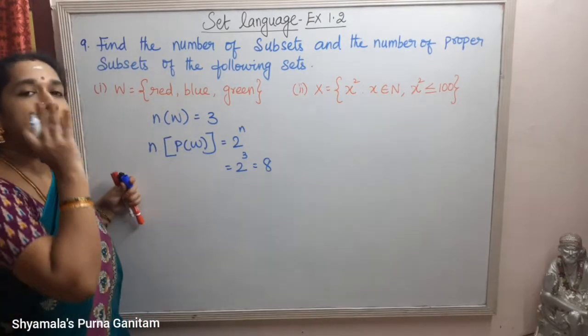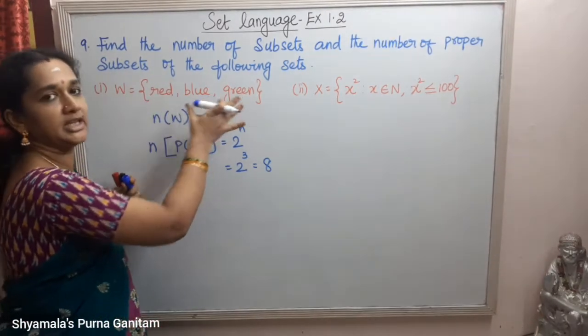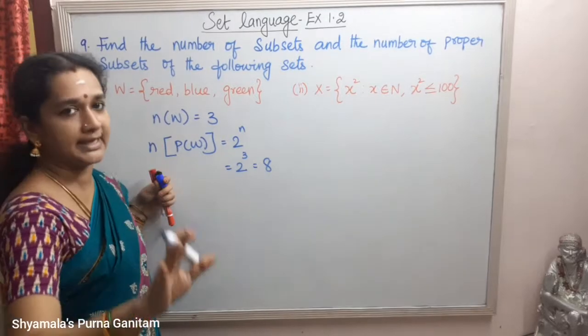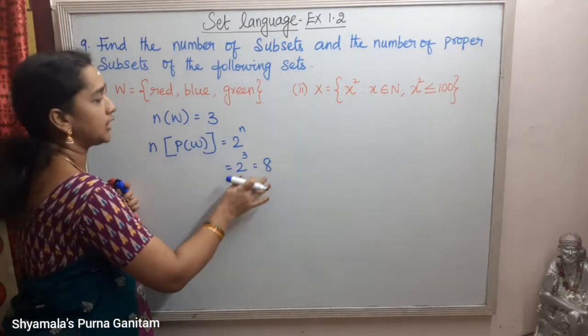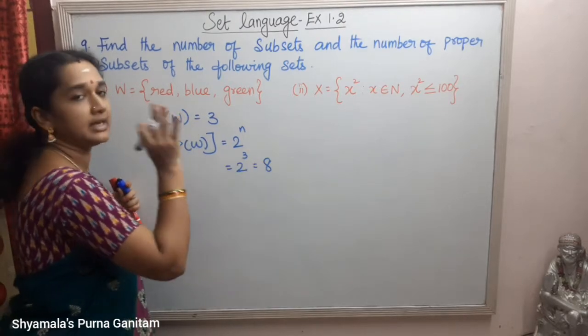So we will have 8 subsets for the given set with 3 elements.